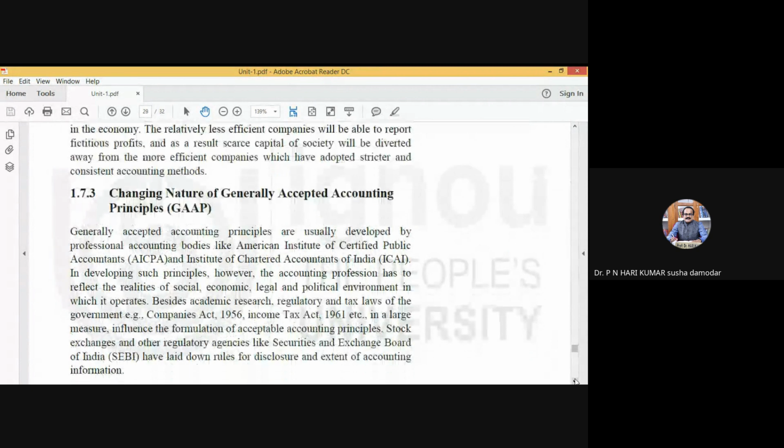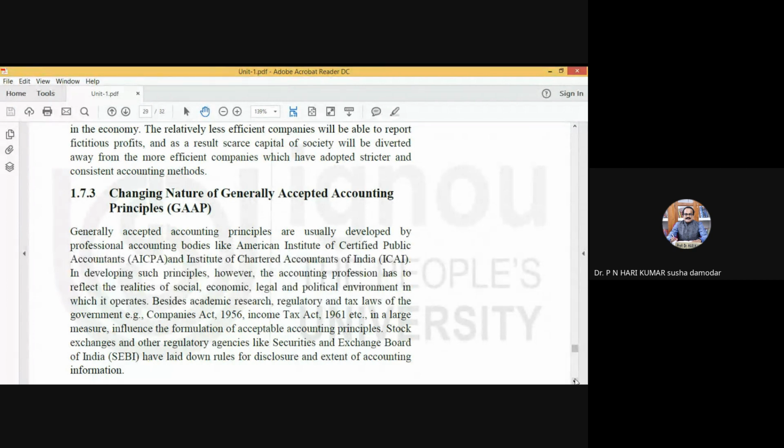Changing nature of generally accepted accounting principles, GAAP, that is very important. In India, all the provisions of the accounting system are managed by the Institute of Chartered Accountants of India, ICAI, and also the American Institute of Certified Public Accountants, AICPA.